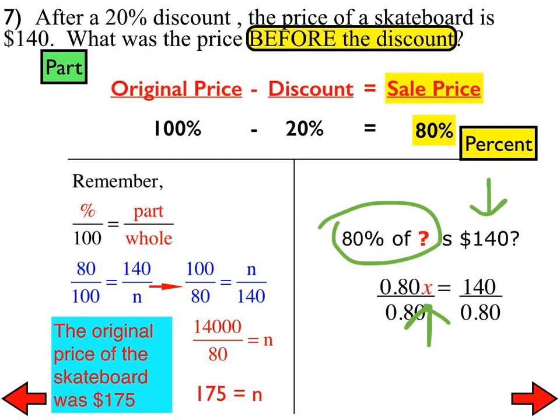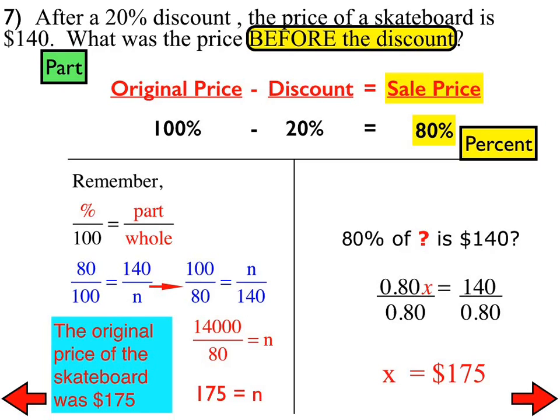And you should get the same answer, which is $175. So your setup is the same proportion. Your setup is the same equation, but your x is now in a different spot because we are given the part instead of given the whole.